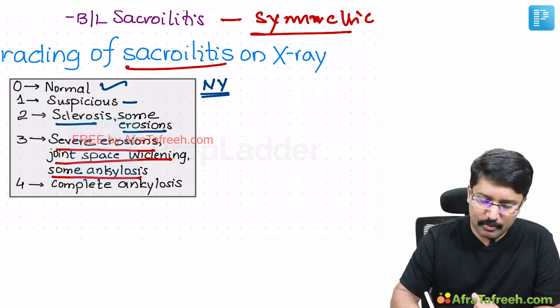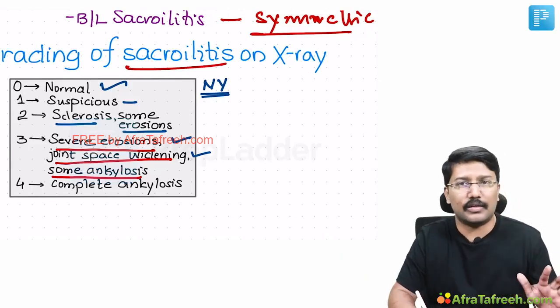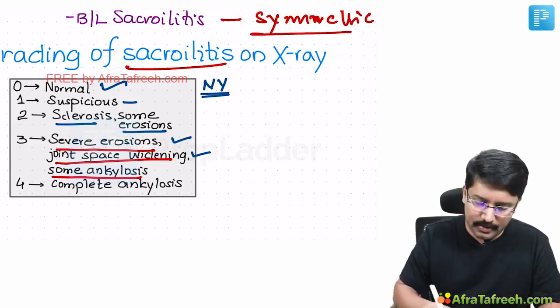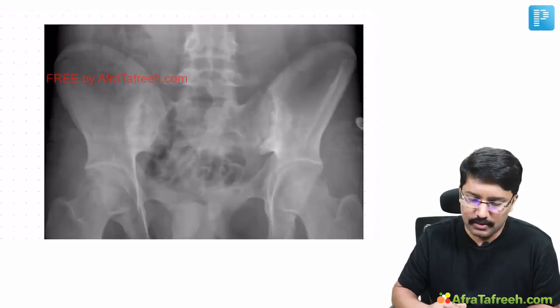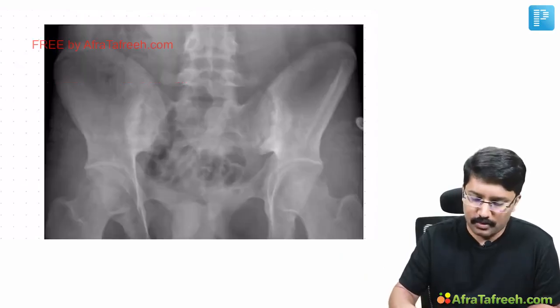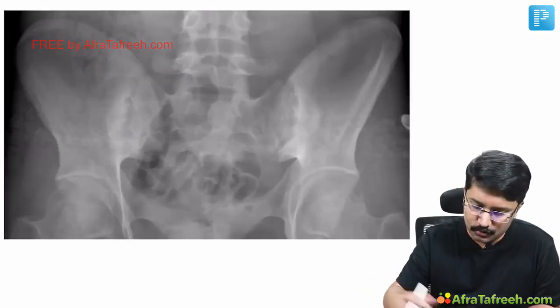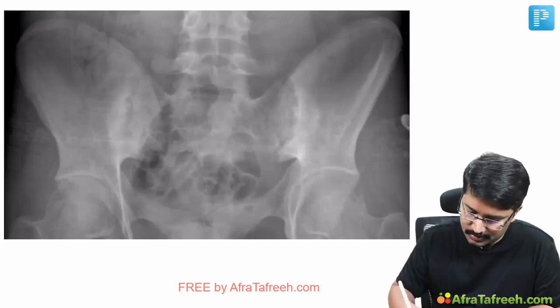So in grade 3 there may be severe erosions, joint space widening and some degree of ankylosis, right? Not a fully ankylosed or fully fused joint, some degree, then it is grade 3. When it is completely ankylosed, that is called grade 4, right? You can go through this image and tell me which grade it belongs to. Let me draw your attention to this area.